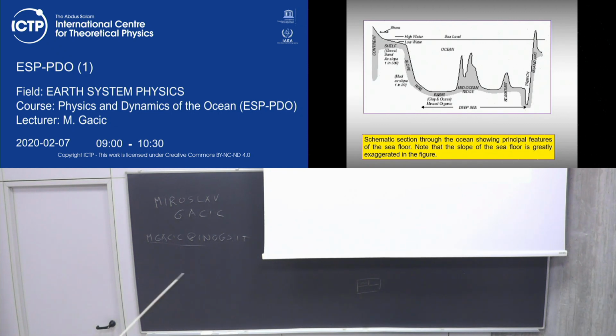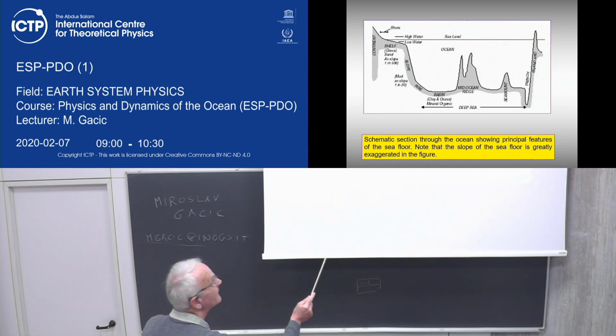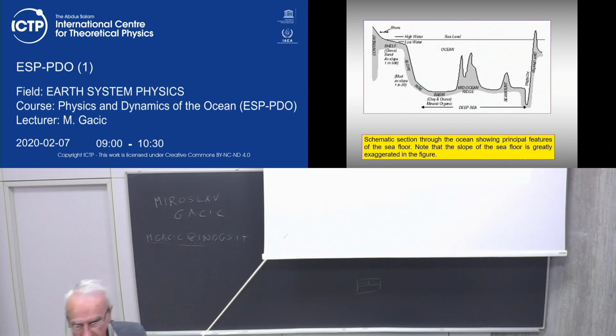This is the schematic section through the ocean showing principal features of the seafloor. Our colleague from geology will tell us much more. And so what is the distribution? On the basis of the depth of the ocean, on the basis of the slope of the depth of the ocean, we determine different parts of the world ocean.